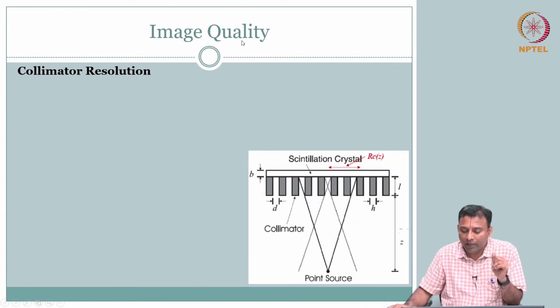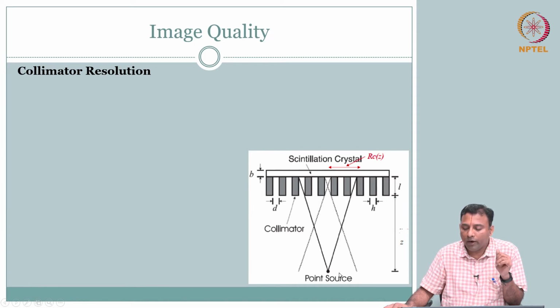So, what we have is the crystal, in front of that you have the collimator with its configuration, a length, a height. So, you have a point source at some distance z. If you call this RC of z, a resolution of the collimator at z, then 2 times this is the full width, right.